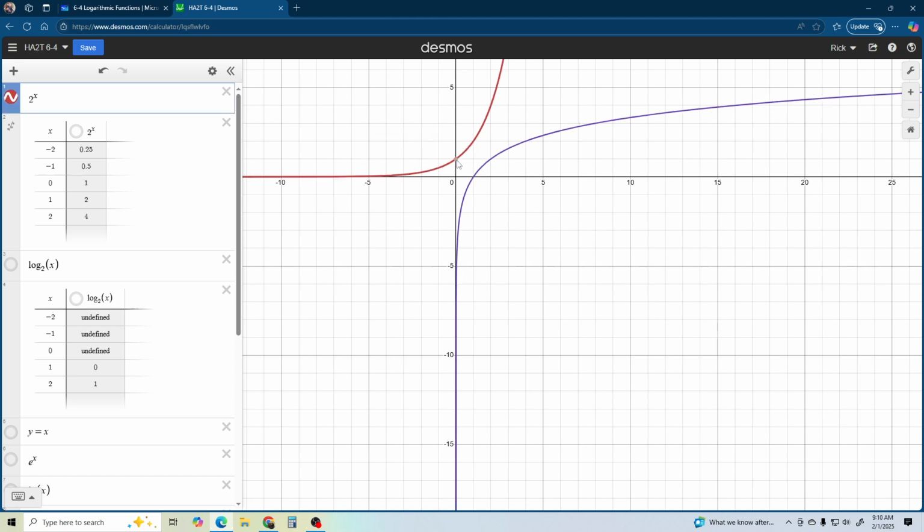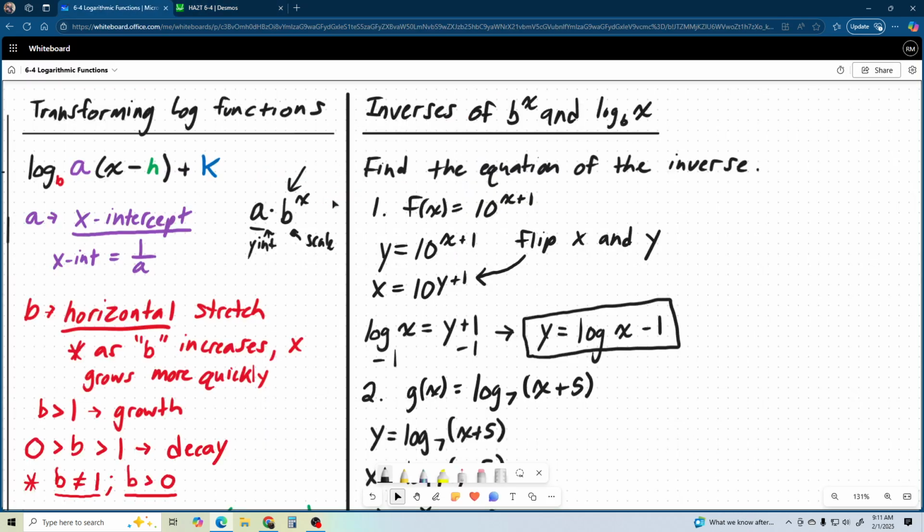And if we go back to the transformations from before, as a got up to 5, the y-intercept would also increase to 5. So it was 1 to 1. If a was 7, then the y-intercept was also 7, right? Now, that's how it happens with that function. This function is the inverse, so the x-intercept isn't just equal to a, it's equal to the inverse of a, right? And this is actually really cool.